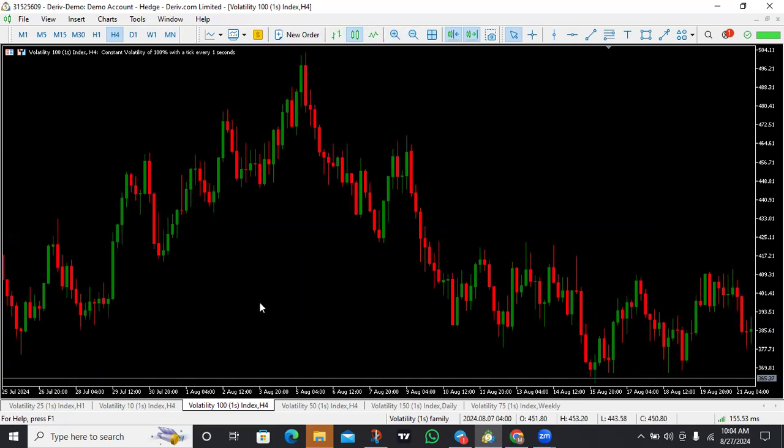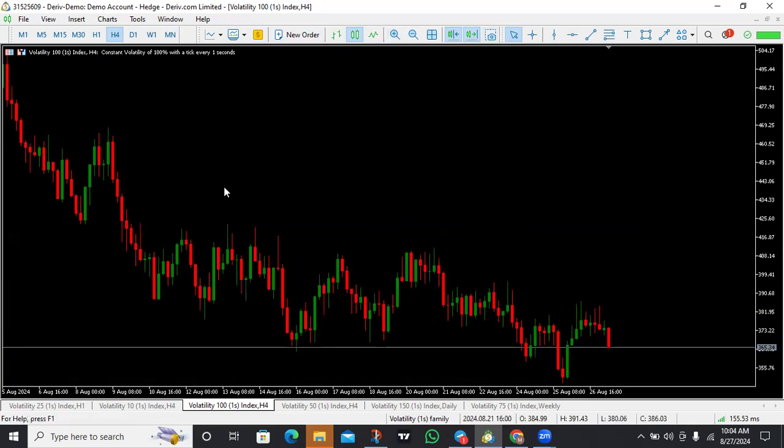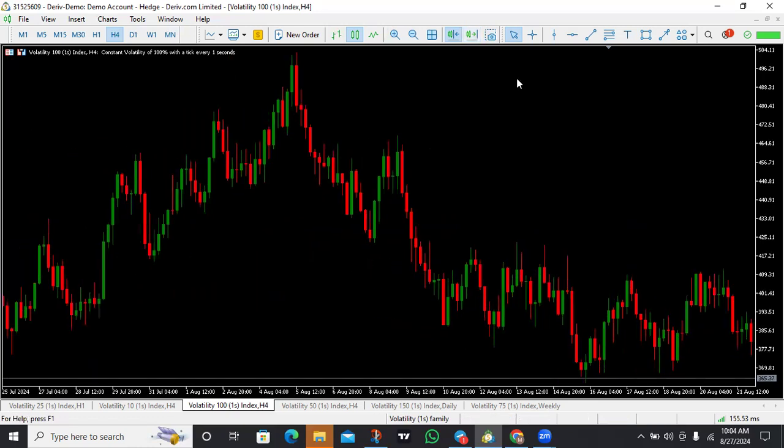What are you going to do? You are going to be looking for what? Looking for this structure. This structure here. You know, this point here was that daily key point of interest that the market respected.